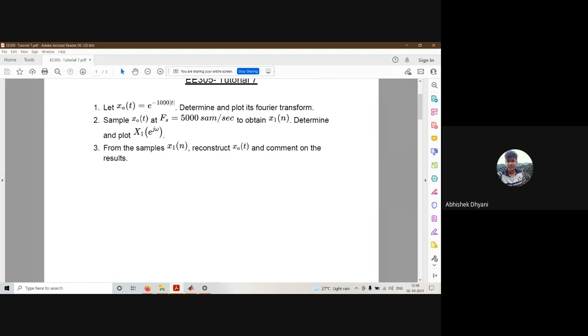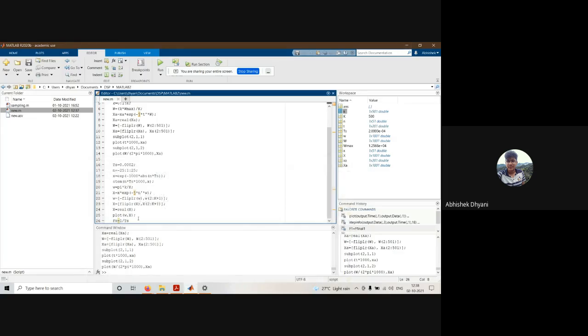Since fc was 2000, we have selected f of s as 5000, which is more than the Nyquist rate, because the Nyquist rate would be 2 times 2000. So we know that there is no aliasing, and so we can choose the same f of s here also.